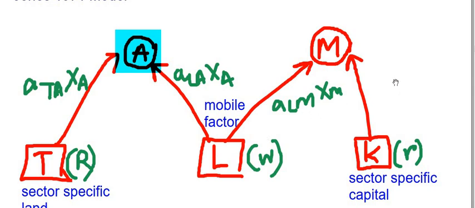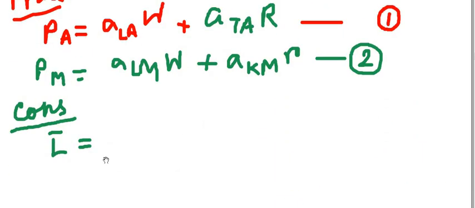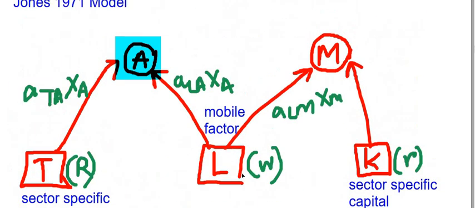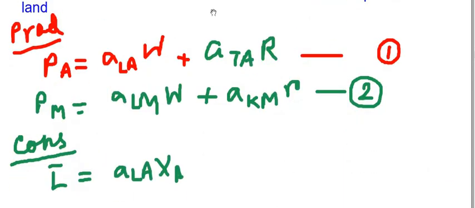There is perfect labor mobility, so essentially these factor equations can also be thought of as the factor mobility equations. Part of L bar is going to the agricultural sector, which is given by ALAXA. This is the amount of labor that is moving into the agricultural sector. There is another component of this L bar which is moving into the manufacturing sector, which is ALMXM.